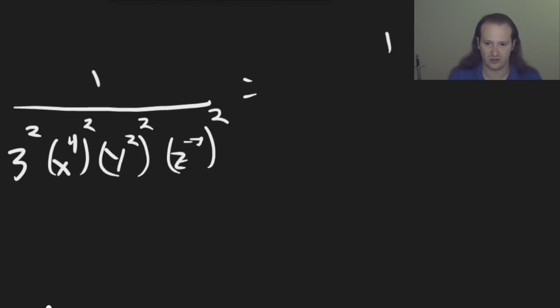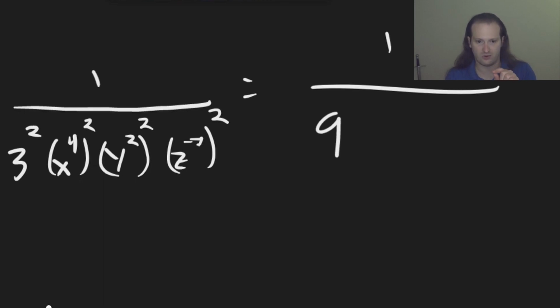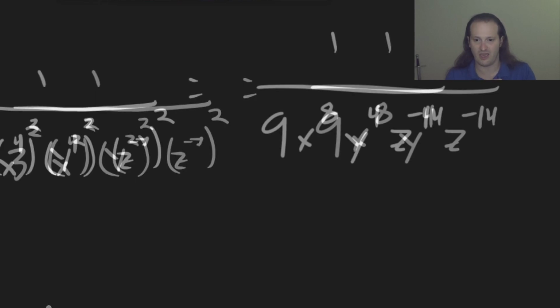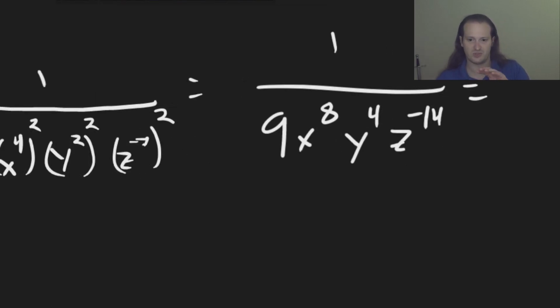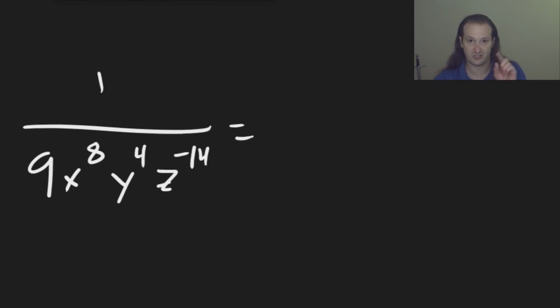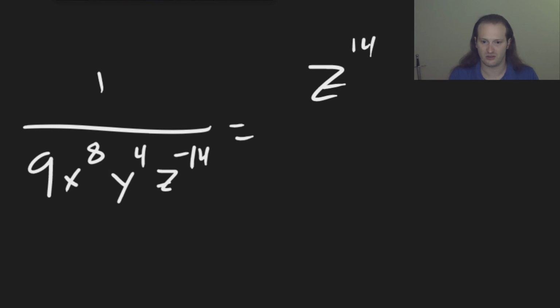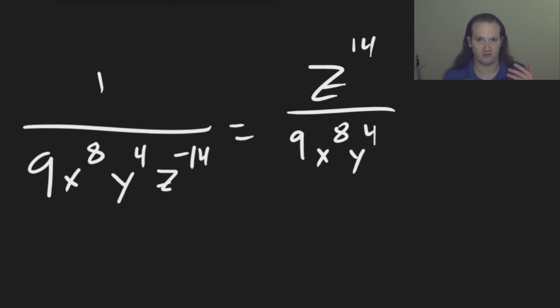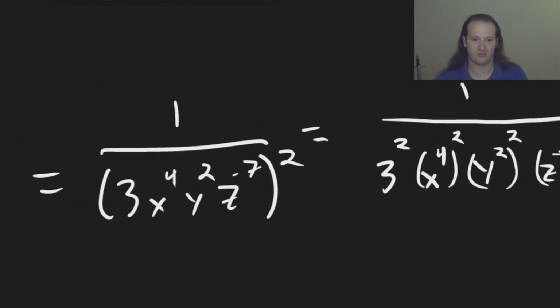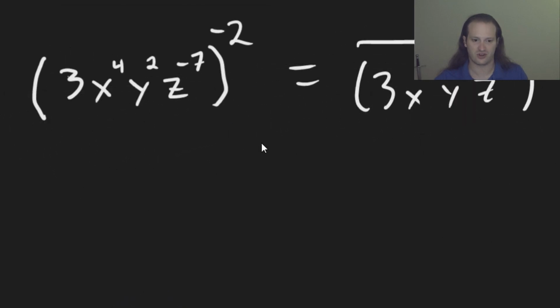So then we have 1 over 9, 4 times 2 is 8, y to the 4th, z to the negative 14th. And then to finish this up, I'm going to send that z to the negative 14th up top. Z to the 14th over 9x to the 8, y to the 4th. That would be the simplified form of this monstrosity here.